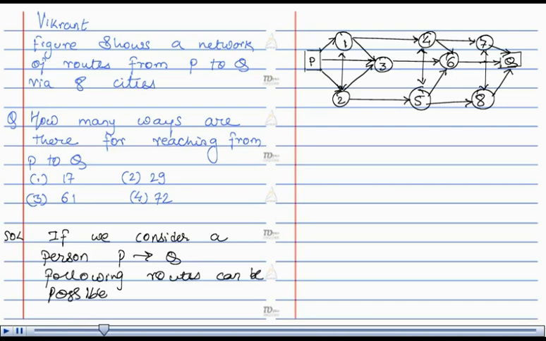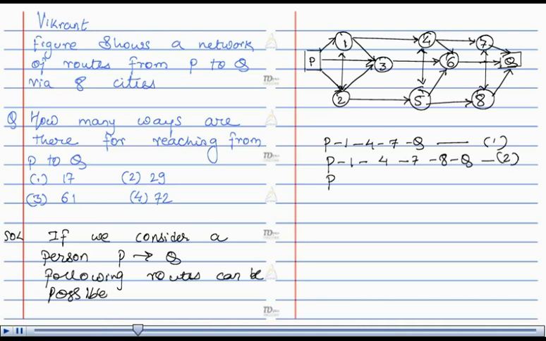The routes can be P to 1, to 4, to 7 and then to Q. This can be one route. The second can be P, 1, 4, 7, 8 and then Q. This can be the second route.